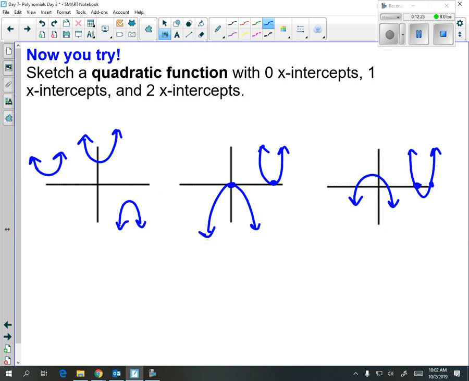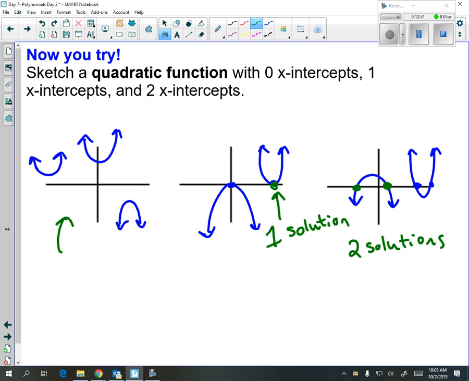Now, what's important here is that it's a degree 2, right? So it has 2 solutions, even though you don't see the solutions on the graph. Right here, I can easily see 2 real solutions. Here, I see 1 real solution.